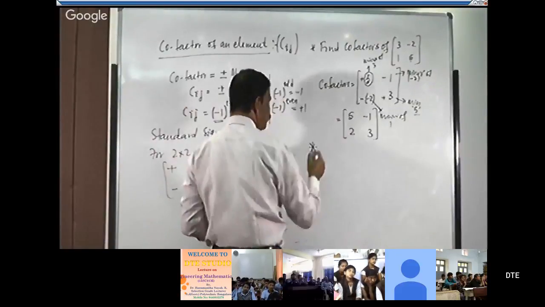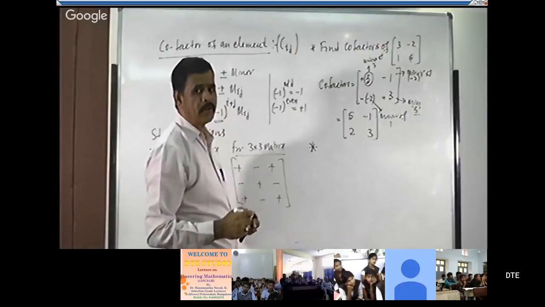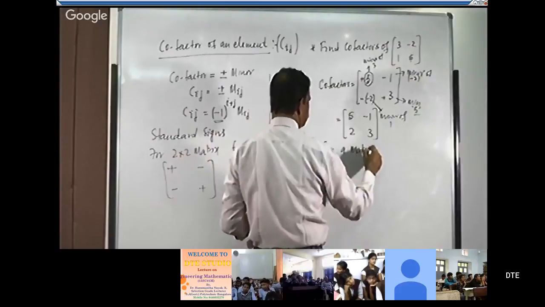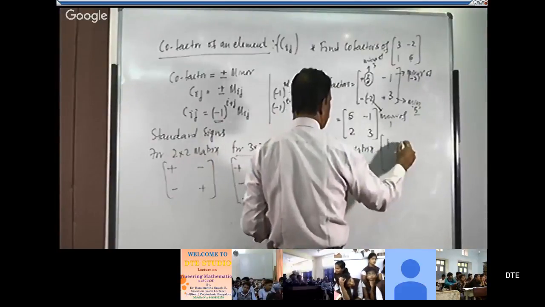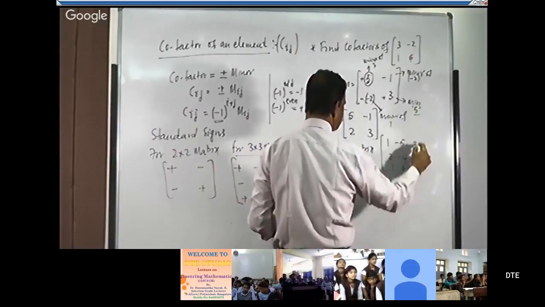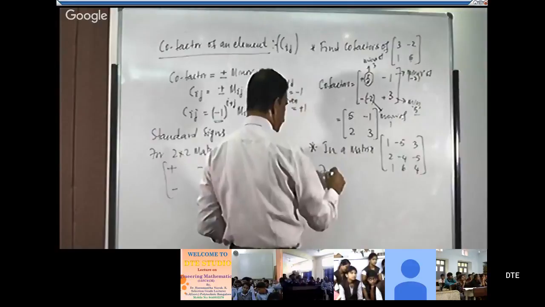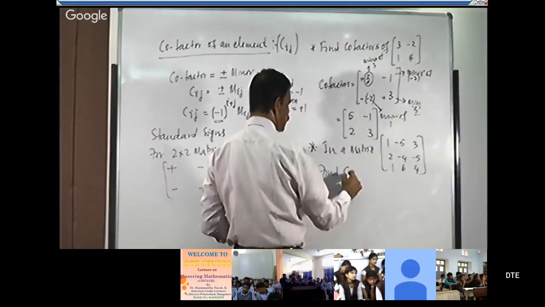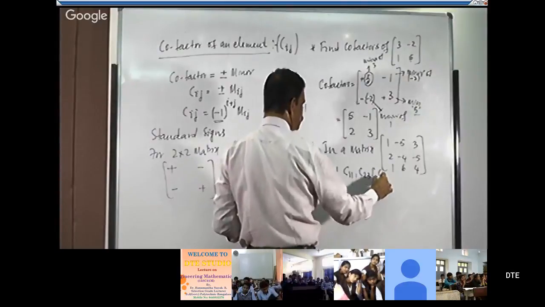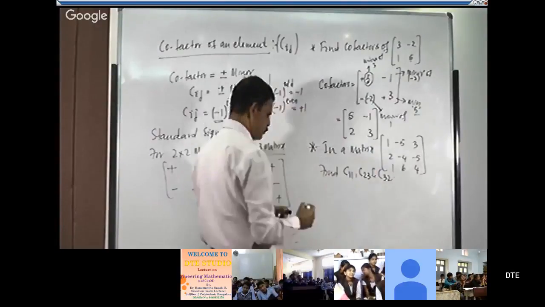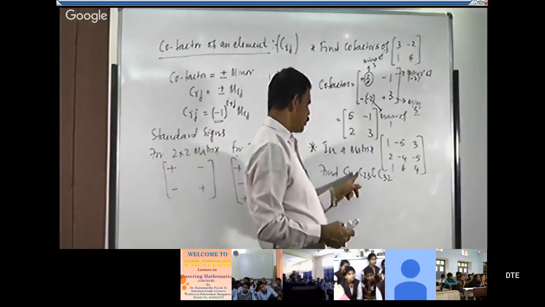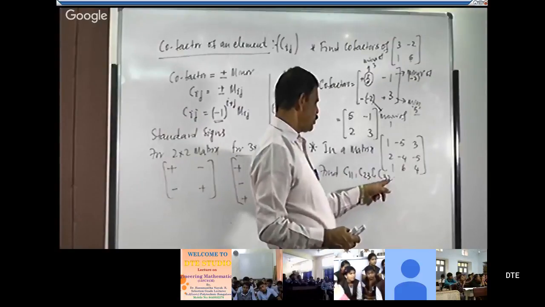Sometimes they may ask you for the cofactor of particular elements in a square matrix. In the matrix 1 minus 5 3, 2 minus 4 minus 5, 1 6 4, find C11, C23 and C32, the cofactors of these elements.